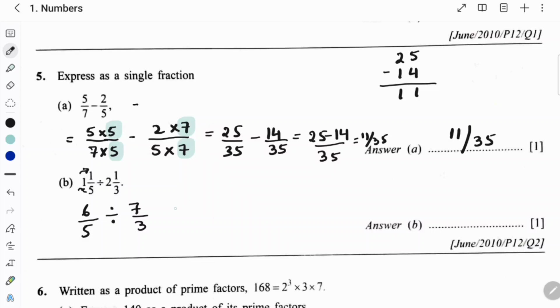I've already told you, the fraction which is coming after the division sign, you just make the reciprocal of it. 6 upon 5 multiplied by 3 over 7. So 6 times 3 is 18, 18 upon 5 times 7 is 35. It's not cancelling, we cannot simplify this. So the answer will be 18 over 35.